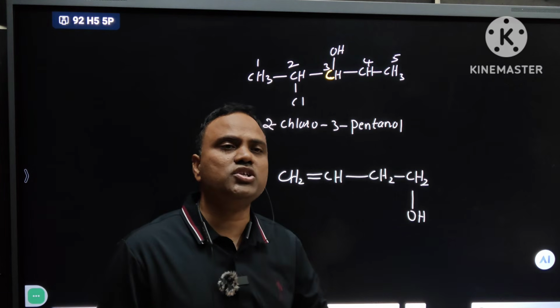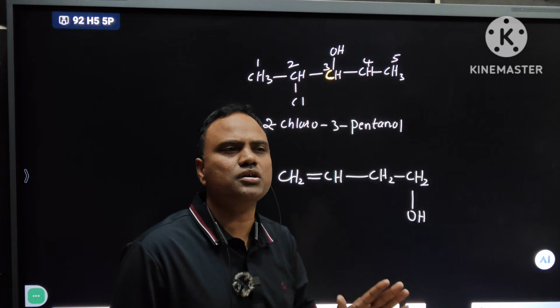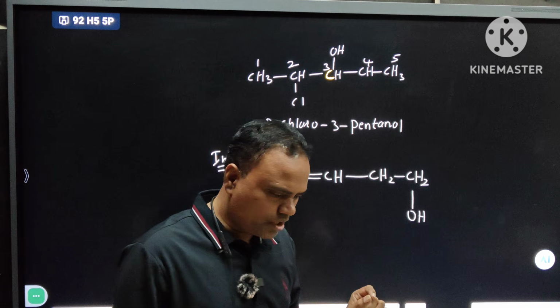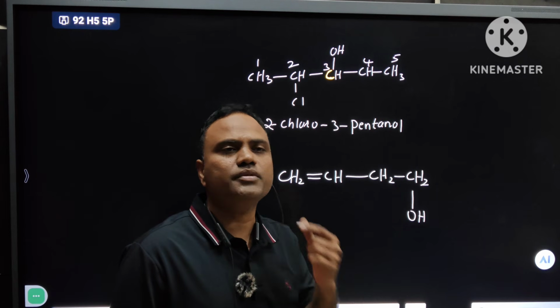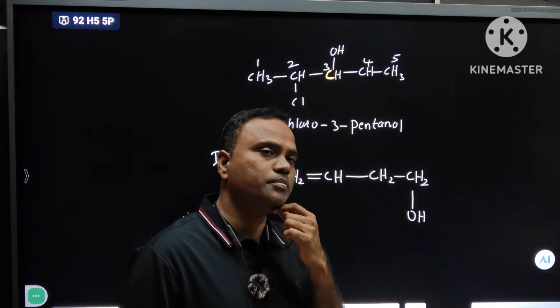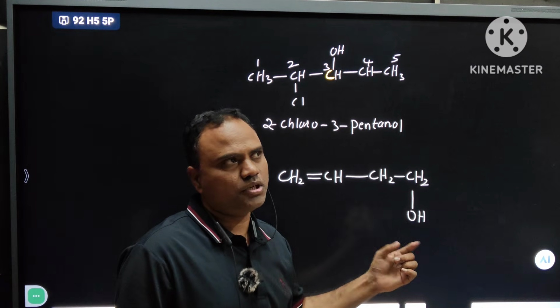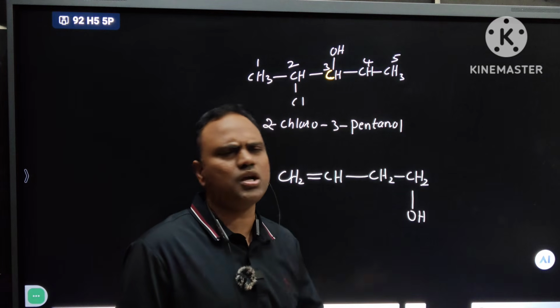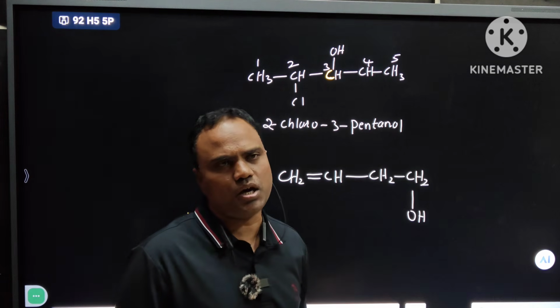The double bond should get the least priority. Don't start numbering from the double bonded carbon. That functional group only will get high priority. Double bond or triple bond, these two will always get least priority.